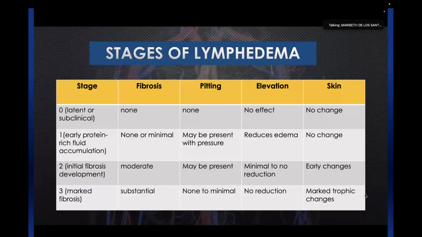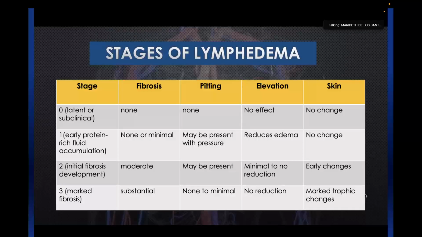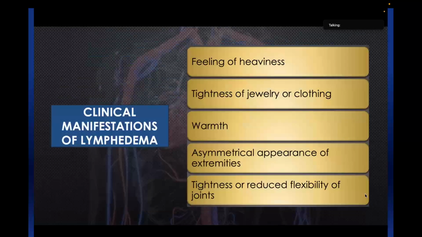So in stage 3, you have marked trophic changes in the skin, while in stage 1, there's no visible change in skin. But there's early protein-rich fluid accumulation already.